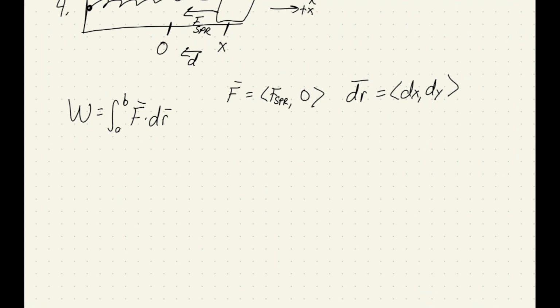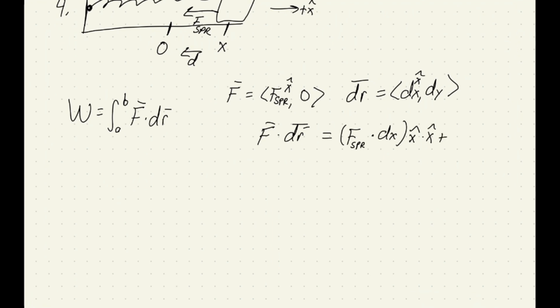So when I do this dot product, F vector dotted into dr vector, using the other notation, what I get is F spring times dx, and then there's an x hat dotted into x hat because this spring force has an x hat, and this dx also has an x hat with it.